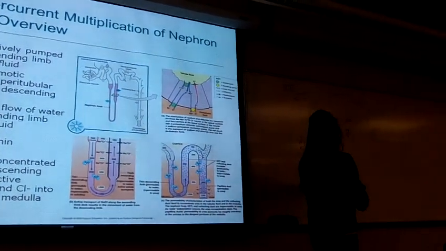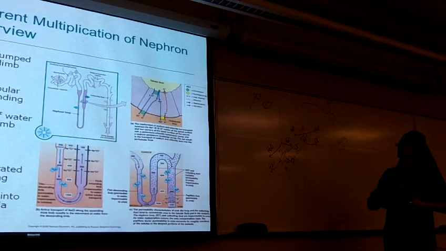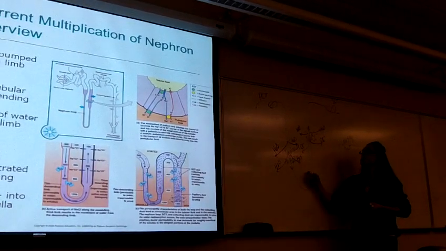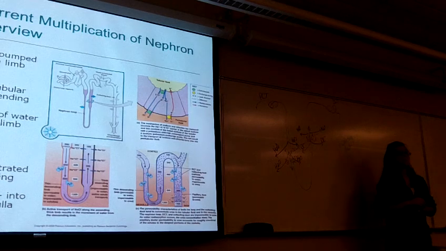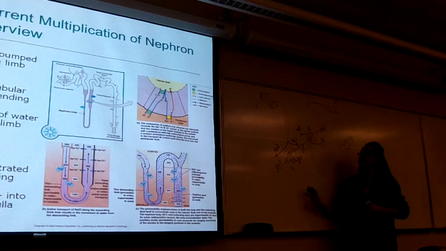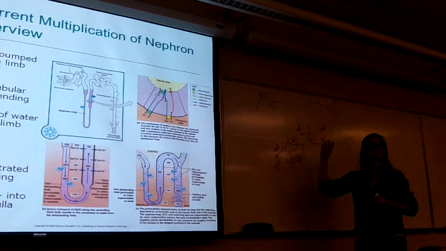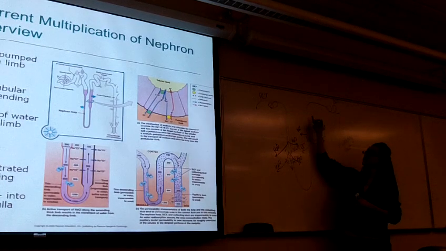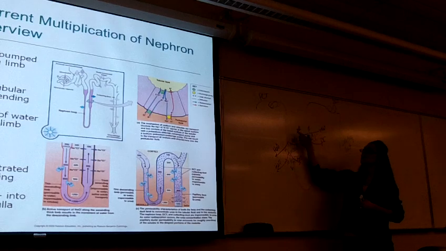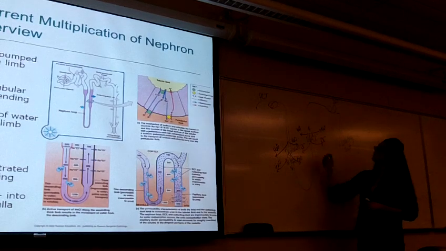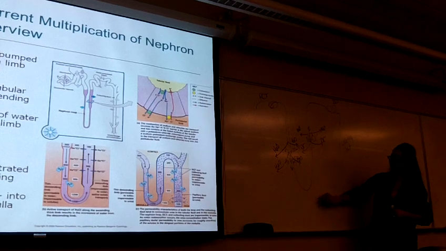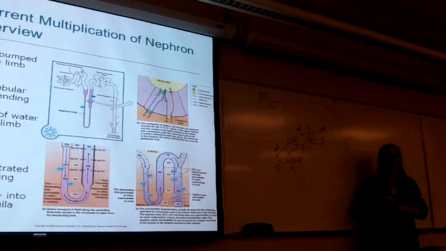Now, remember that the longer the loop of Henle, the deeper it extends into the medulla, the more water it can reabsorb. And we said that humans have about 15% of those long loops of Henle. Camels have a whole lot. That's because, one, you have more area to reabsorb the water, but also the deeper you go in the medulla, the more concentrated the interstitial fluid is.